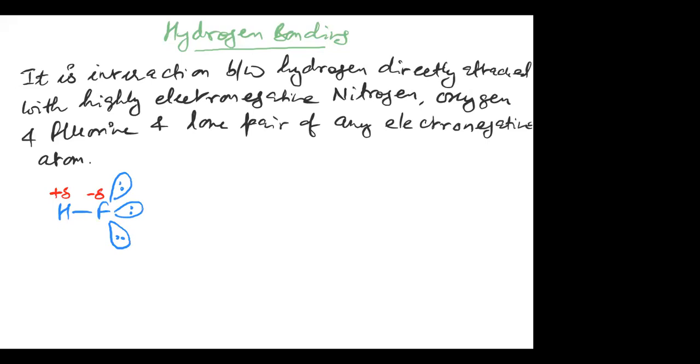It can form a bond with another HF molecule through its lone pair of electrons, hydrogen having partial positive charge and fluorine having partial negative charge. So it is one example of a hydrogen bond. A hydrogen bond may be represented by a dotted line.